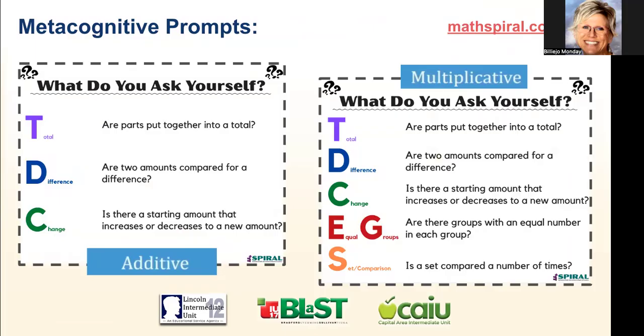As they start to ask those questions: Am I putting things together for a total? Do I have two amounts compared for a difference? Do I have a starting amount that is increasing or decreasing? So we can see how these can be prompts for us as guiding questions, but they can also start to become metacognitive strategies that our students are asking themselves.